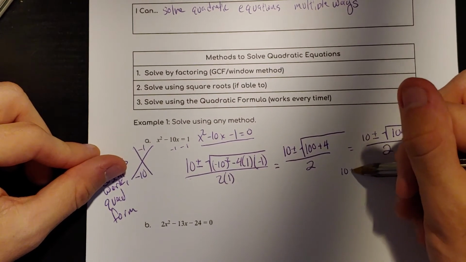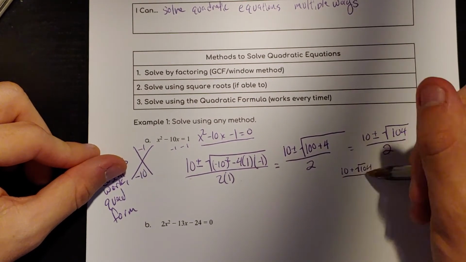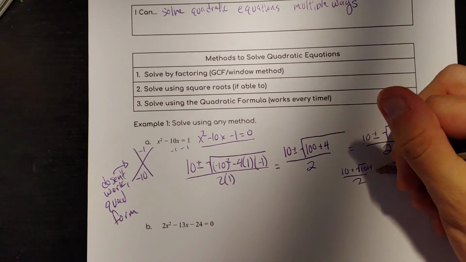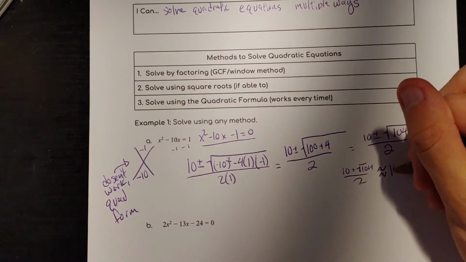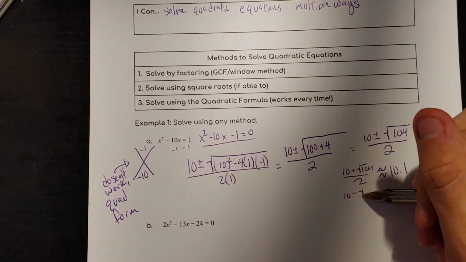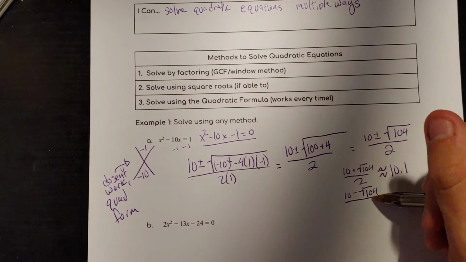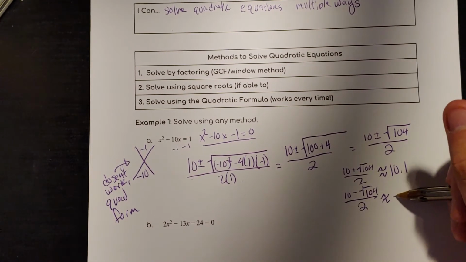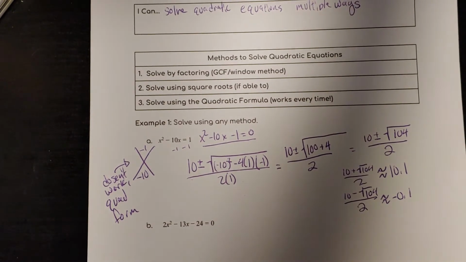So 10 plus the square root of 104 over 2 is roughly 10.1. And 10 minus the square root of 104 over 2 is roughly negative 0.1.